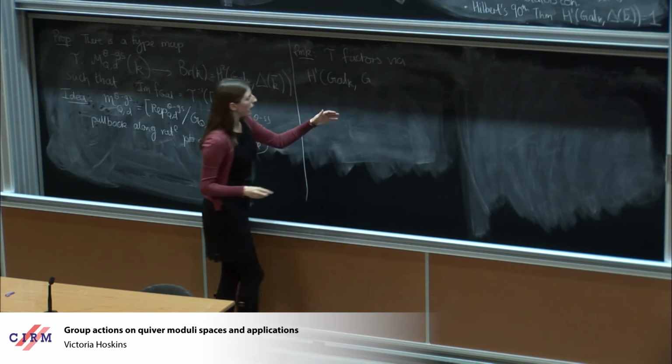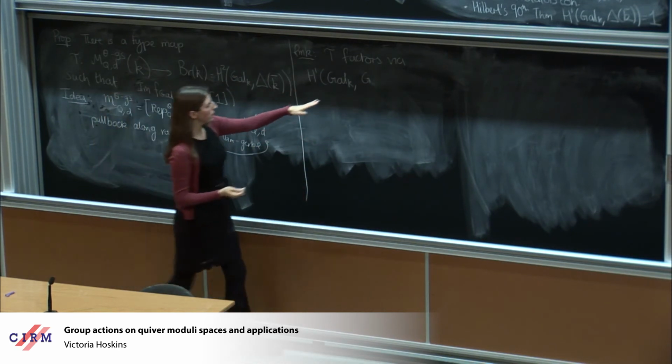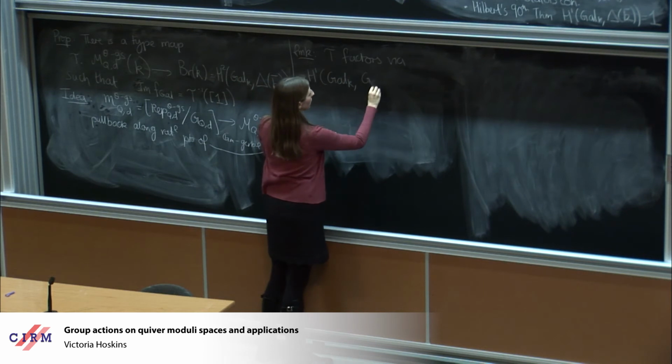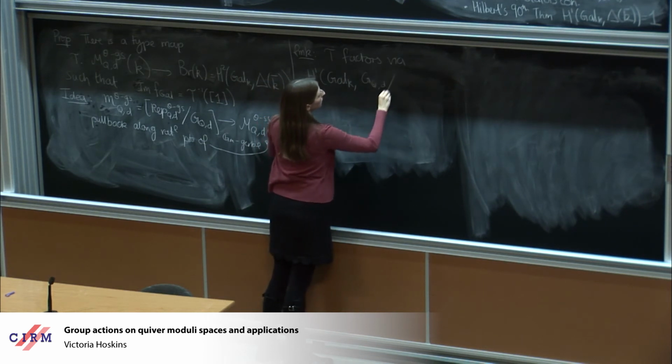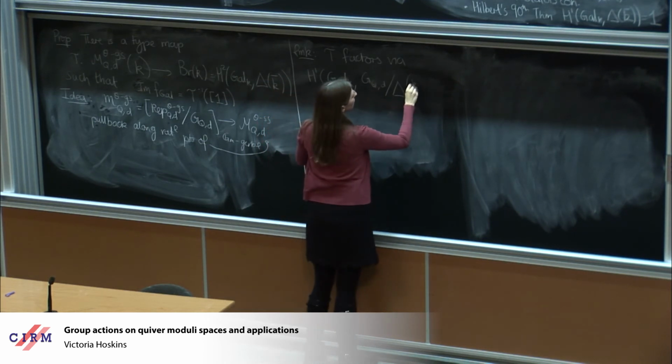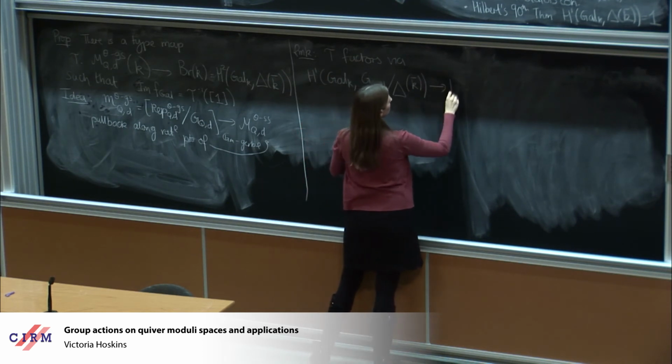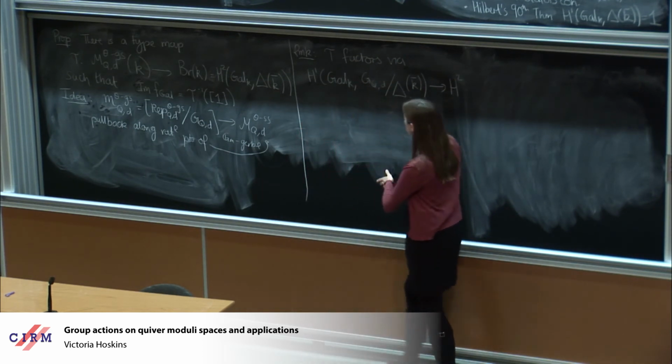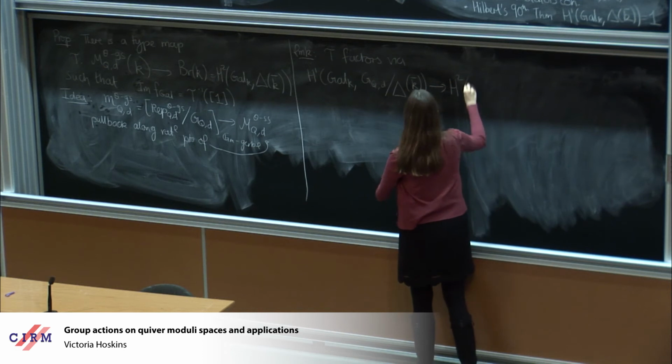So I have a short exact sequence. So delta is a subgroup of G, and then it includes into G, and then I can take the quotient. And associated to this short exact sequence, I have a connecting homomorphism.